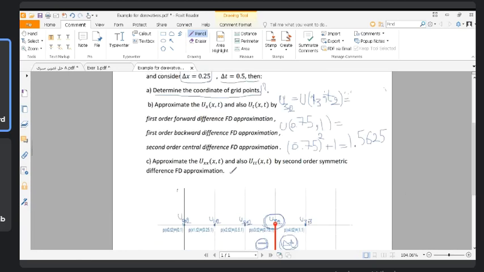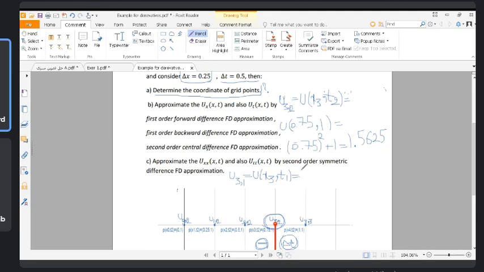And then you should compute U31. It means U at x3 and t1, okay.